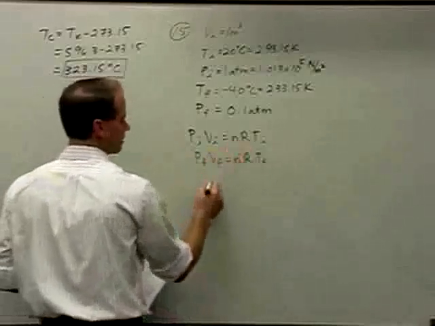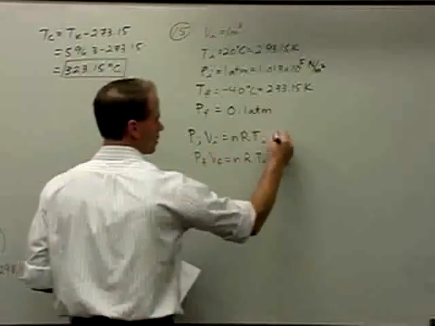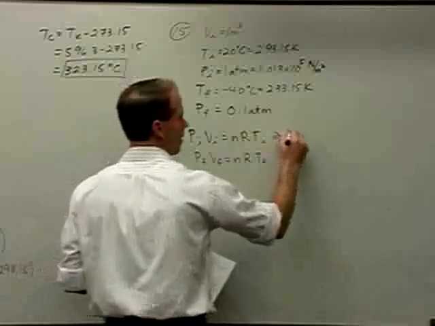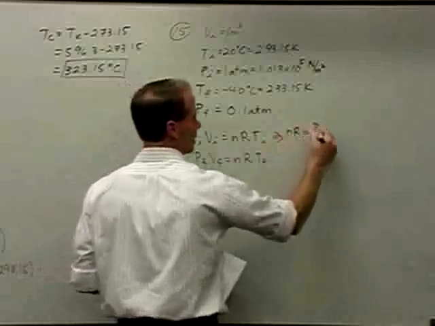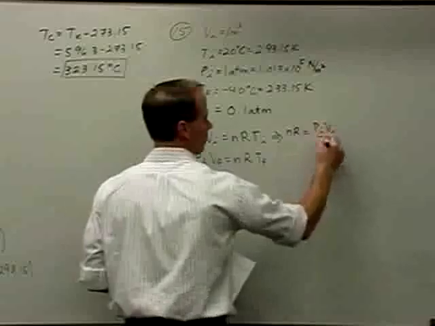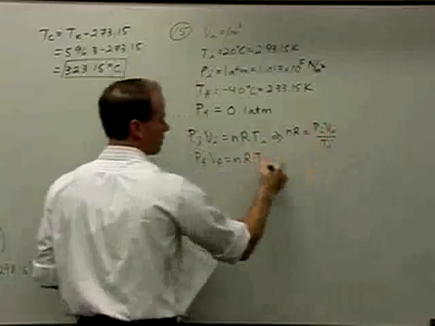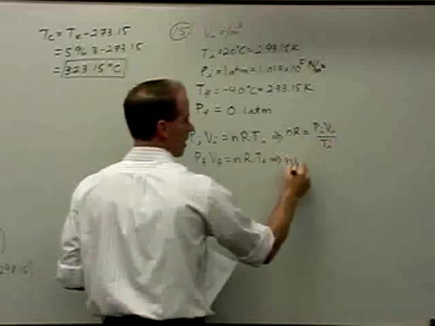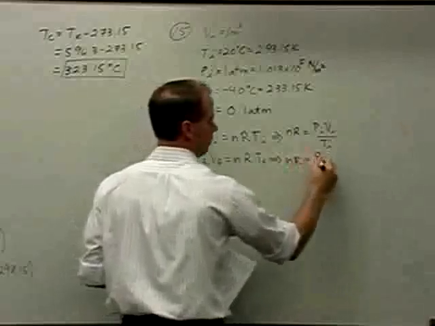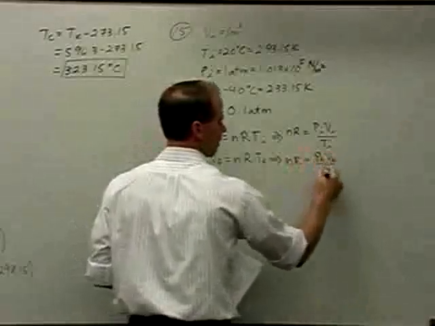So I can say that from this first expression, nR is equal to P initial, V initial over T initial. And from the second expression, I do the same thing: P final, V final over T final.